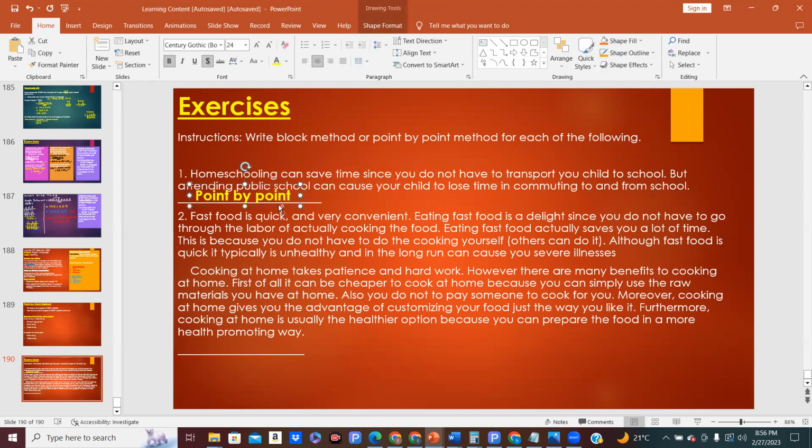Block method. Do we agree with that? Anyone? The second one, point by point or block method? Number two, block method.